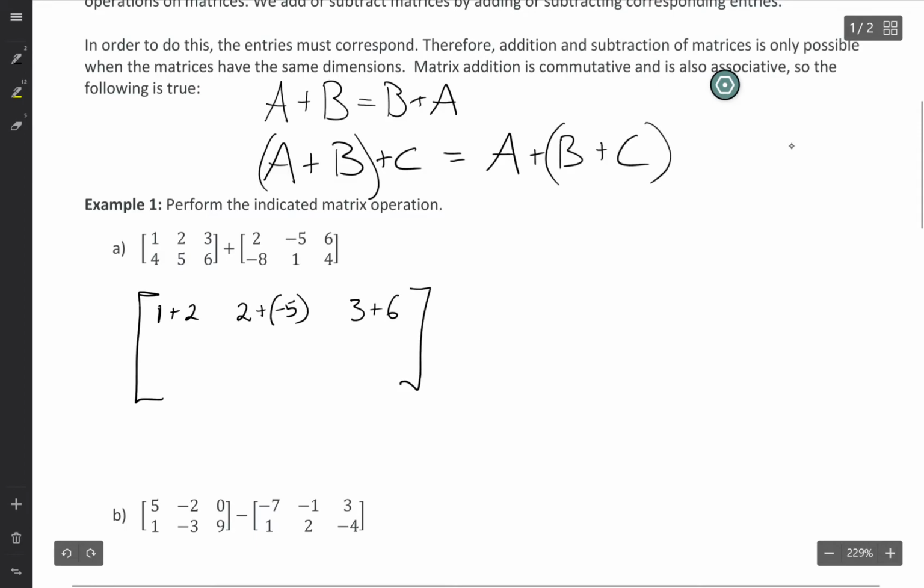Then 4 plus negative 8 for your fourth entry, 5 plus 1 for your fifth, and 6 plus 4 for your sixth entry. And this is just 3, negative 3, 9, negative 4, 6, and 10.